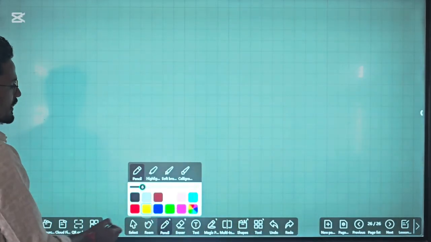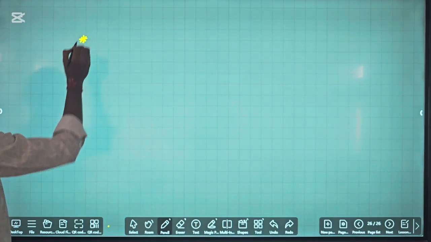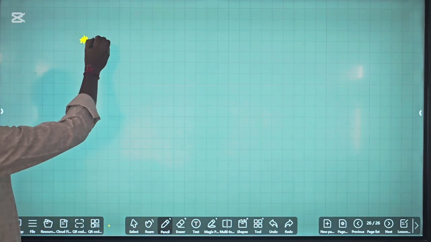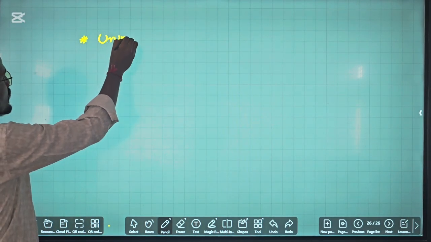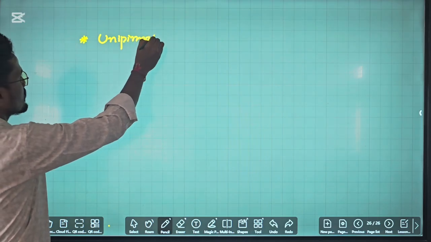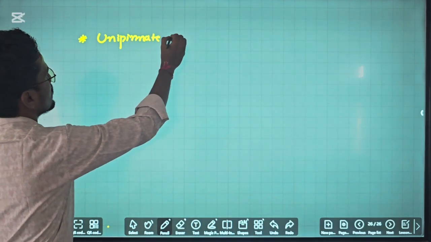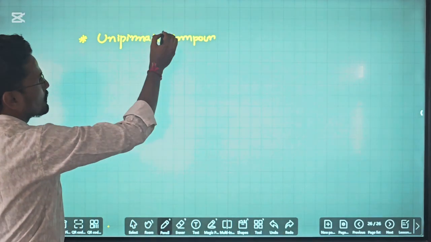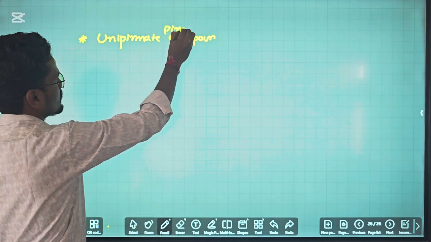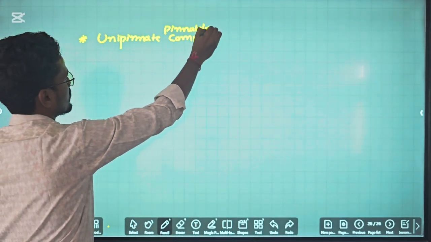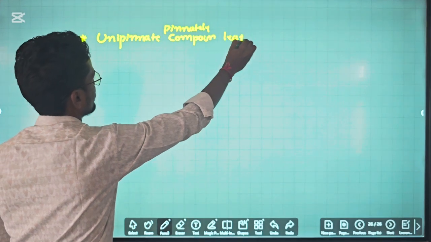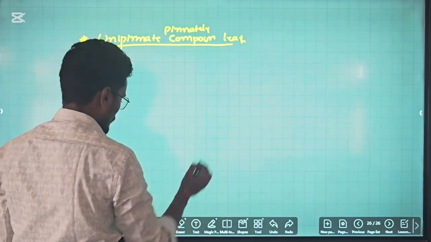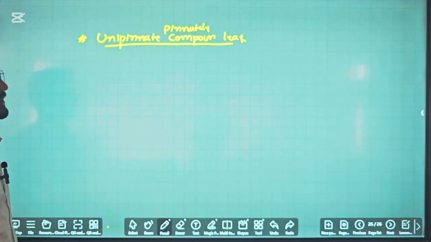So the first one is the unipinnate compound leaf, nothing but a pinnately compound leaf. How does this look?